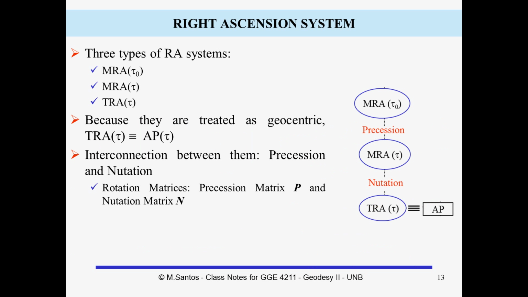The difference basically between these three is that, first of all, between these two mean right ascension systems, we have a reference epoch tau 0. This reference epoch tau 0 would be the 1st January 2010, as we have today for the International Celestial Reference System 2.